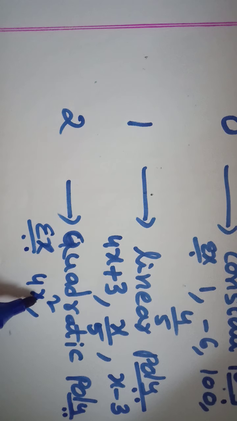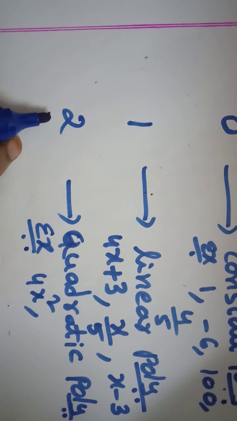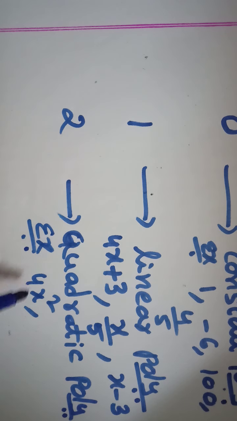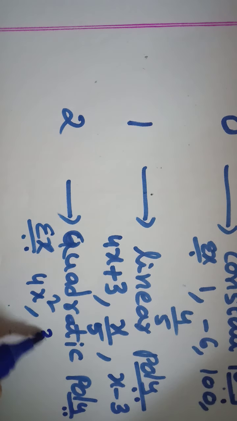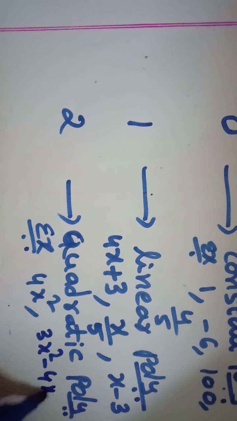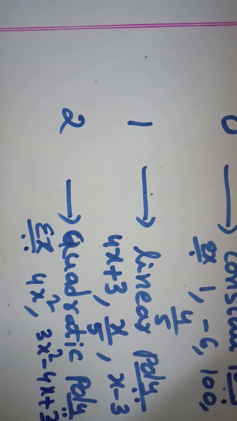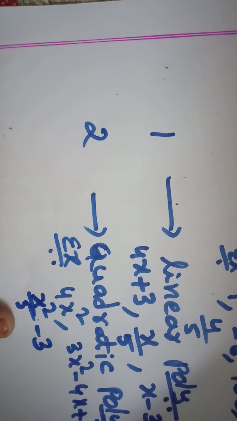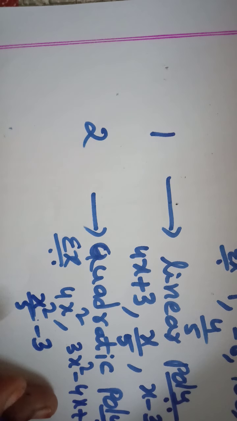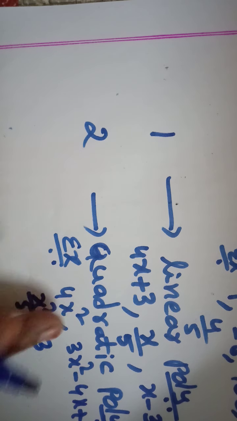Here the x power is 2, so the degree of the polynomial is 2. 3x square minus 4x plus 3 is also a quadratic polynomial. x square by 5 minus 3 is also a quadratic polynomial. These are all examples of quadratic polynomials.